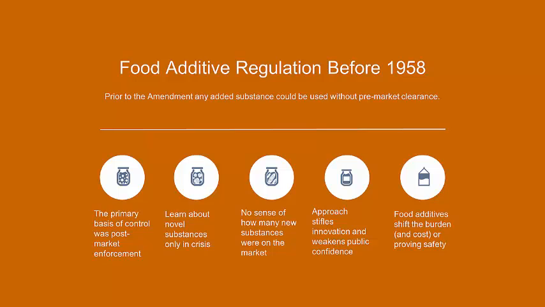So food additives completely shifts that burden. Now the manufacturer and industry has to come to the FDA and say, look, our product is safe and here's why it's safe. And we'll get into that when we get into GRAS and when we get into food additive submissions about the safety requirements related to those.